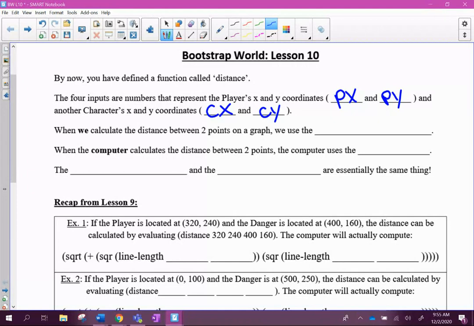Okay, when we calculated the distance between 2 points on a graph, we used the Pythagorean theorem. Right? A squared plus b squared equals c squared. When the computer calculates the distance between 2 points, the computer uses the distance formula.